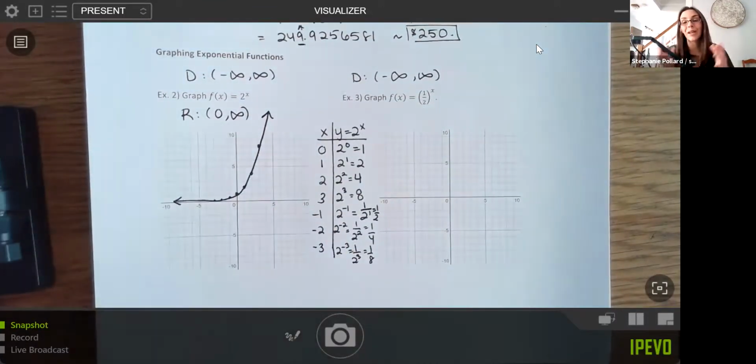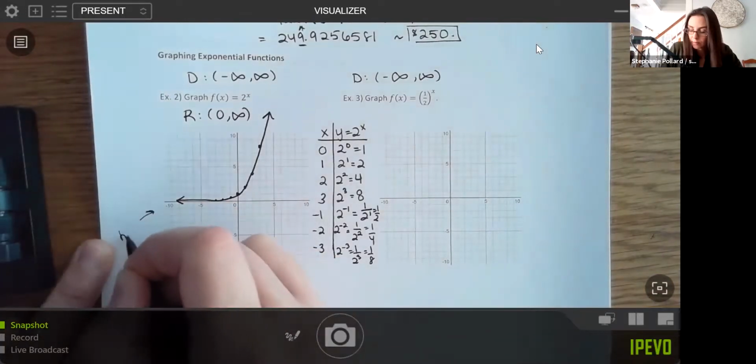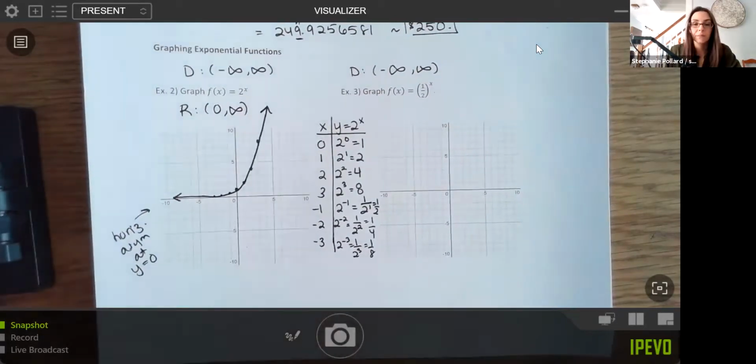You can also transform things. So if I add in a shift, for instance, like a downward shift, then I'm going to cross the axis. But if I just have a basic exponential, then your range is from 0 to infinity with 0 not included. It's going to hug over here. So you actually have a horizontal asymptote at y = 0 in this case.